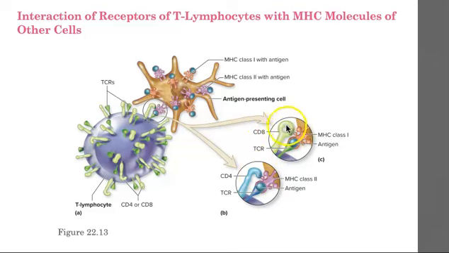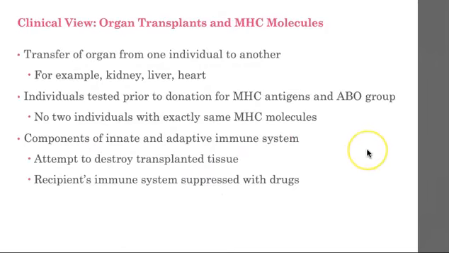This is a nice little close-up when we have a CD4 protein, and here's an example of when we have a CD8 protein. As a clinical view, I mentioned how when we have transplants that we need to match for the MHC molecules. We are going to first see that transplant as being foreign, right? It could be a kidney, liver, or heart. And that's why we test before to make sure that we are as close as possible to the MHC molecules.